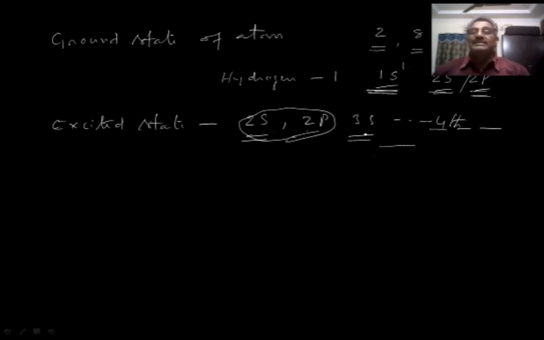The ground state is the first energy level, whereas the first excited state is the second energy level, the second excited state is the third energy level, and the third excited state is the fourth energy level for the hydrogen atom. That means in the ground state, all the electrons present in the atom occupy their lowest possible energetic orbitals, which are permissible from the values of n and l.